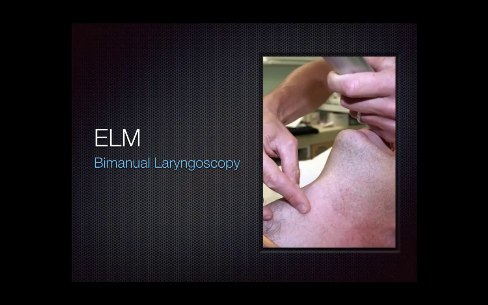And so we're going to take this real quick video that's been inserted into this presentation, check it out, and then we'll come back and talk about the BURP method, which is a form of the bimanual laryngoscopy or the external laryngeal manipulation.